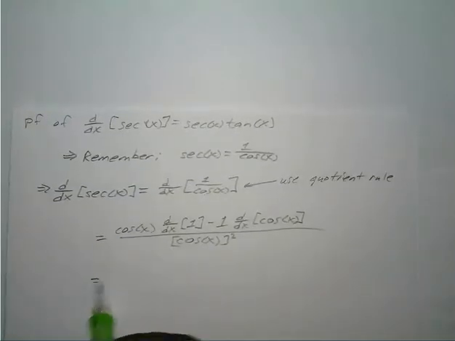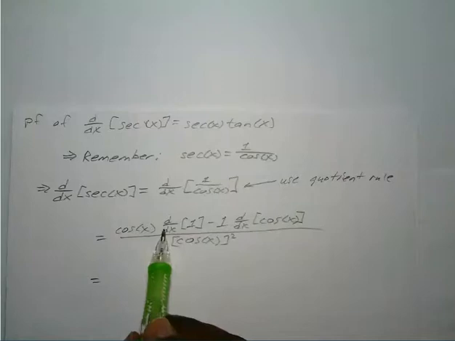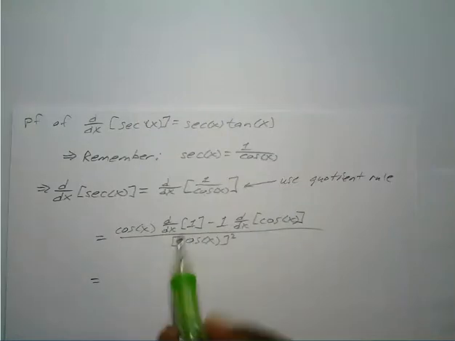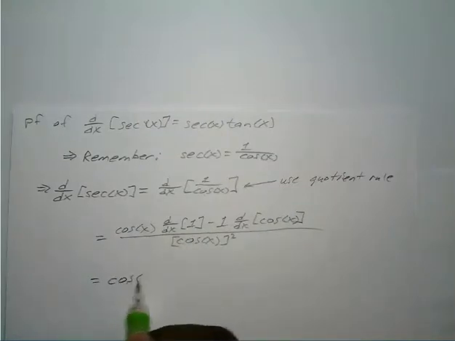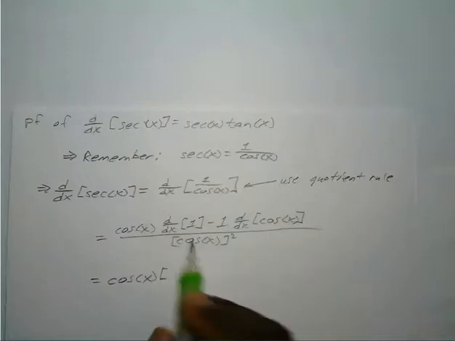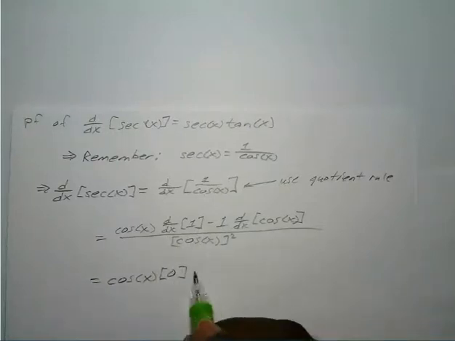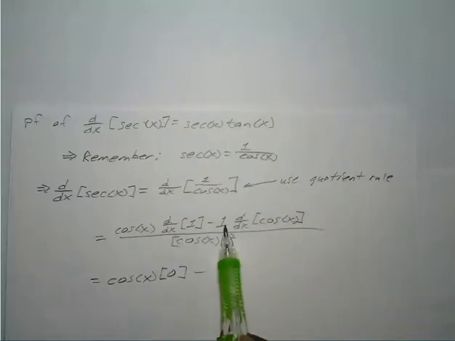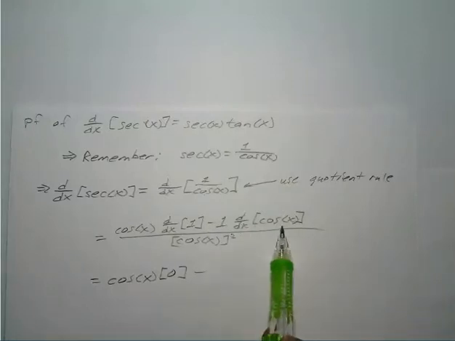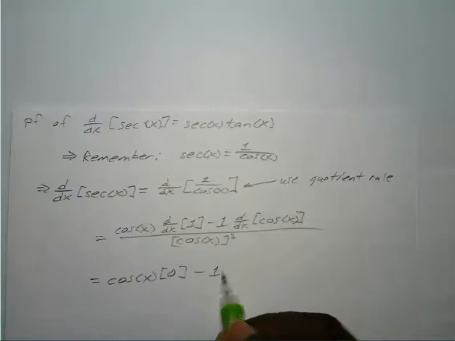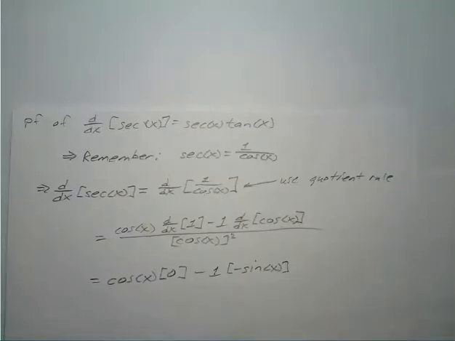Alright, so that means we have cosine times the derivative of 1. Okay, so you have cosine x times the derivative of a constant, which is just 0. Minus, you have 1 times the derivative of cosine, which is negative sine. So you have 1 times negative sine of x, all over cosine x squared.